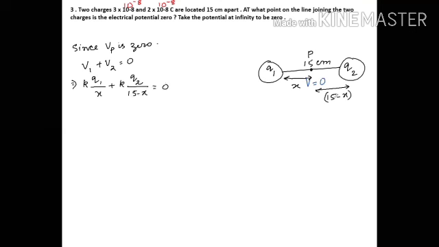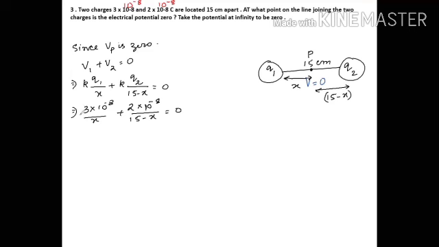Even though we should have taken 0.15, since your k gets cancelled, because it will be 0. If you take k common and bring it to the other side, it becomes 0. And you replace the Q1 value, 3 into 10 to the power minus 8 by x, and the Q2 value, 2 into 10 to the power minus 8 by 15 minus x.